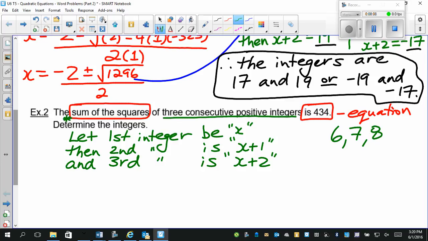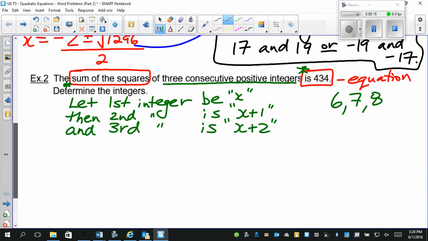And the equation part says the sum of the squares, so the sum of the squares of these 3 numbers, so that means x squared plus (x plus 1) squared plus (x plus 2) squared is 434.